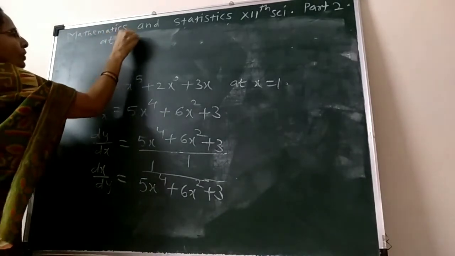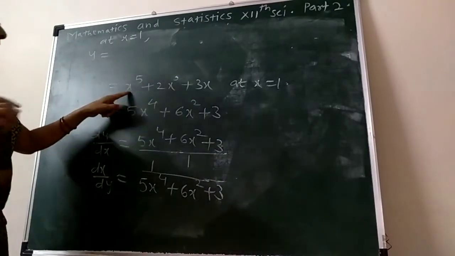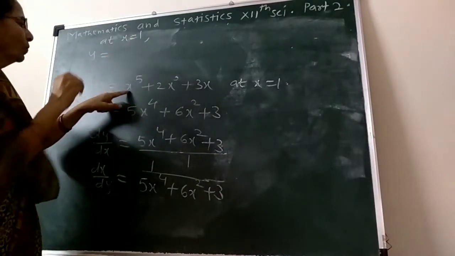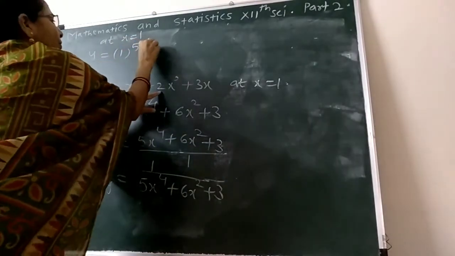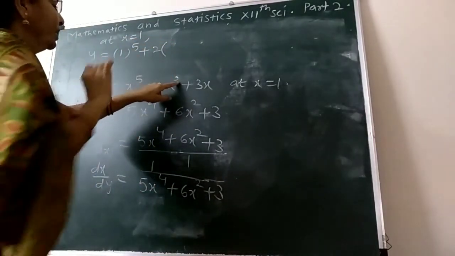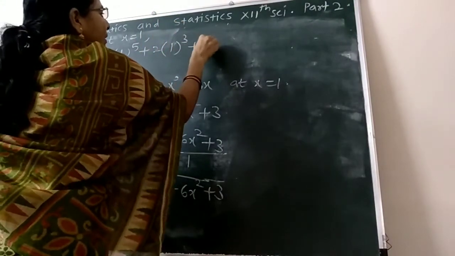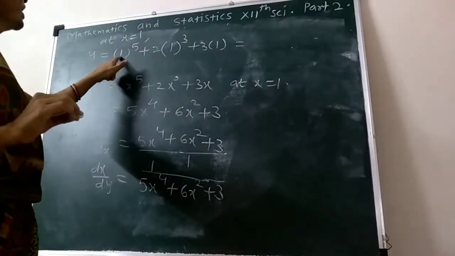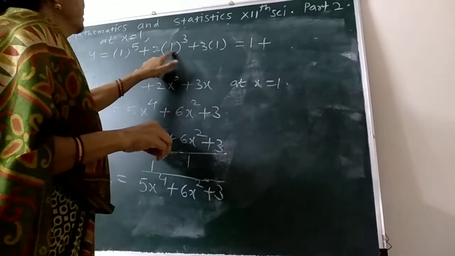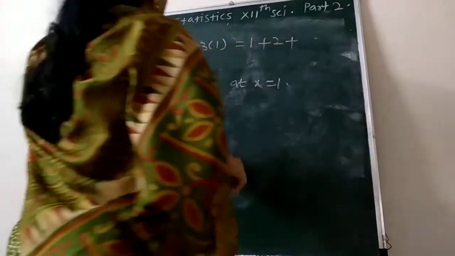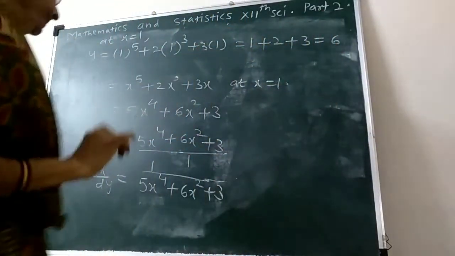At x equal to 1, y equal to: put x is equal to 1, so 1 raised to 5, plus 2 into 1 raised to 3, plus 3 into 1. We get 1 plus 2 plus 3, which is equal to 6.